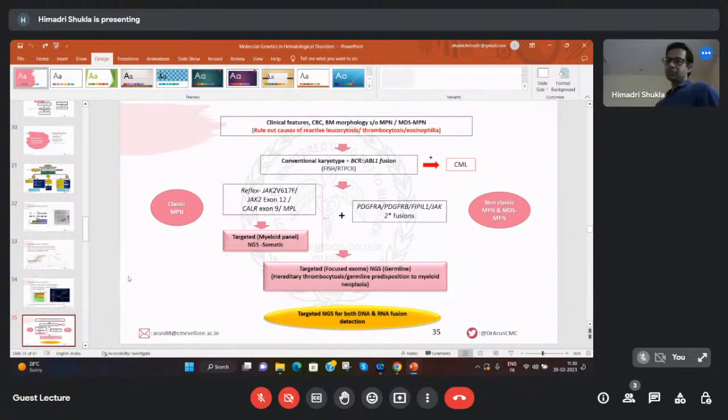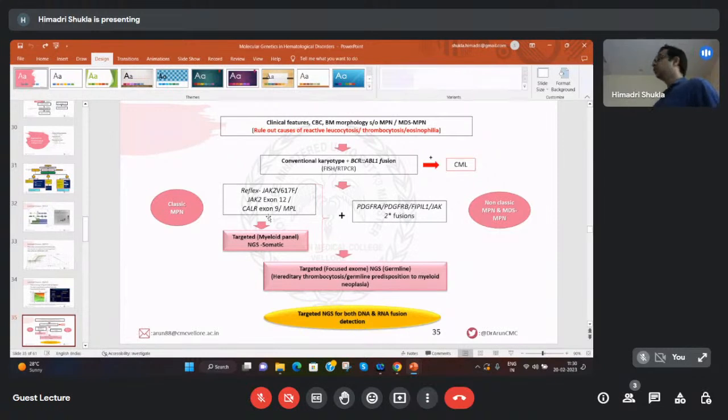From the last WHO classification, we have something else apart from this. We call it a triple negative myeloproliferative neoplasm. Triple negative meaning these three hotspot mutations, your V617F, MPL and CALR mutations, are negative, but still the morphology is very clear-cut, pointing to a picture of myeloproliferative neoplasm. Again, more with respect to ET and PMF. So this is what we call triple negative.